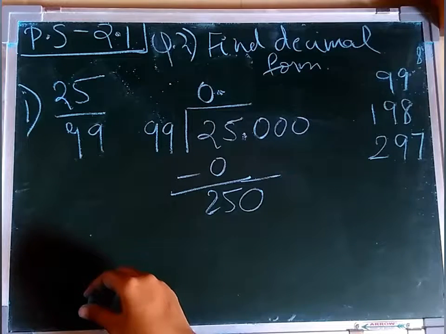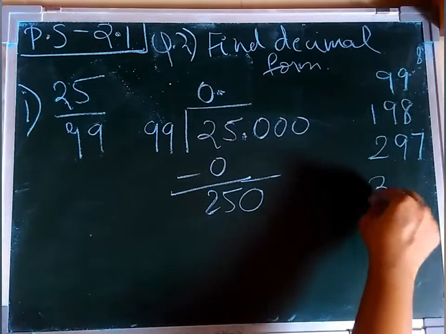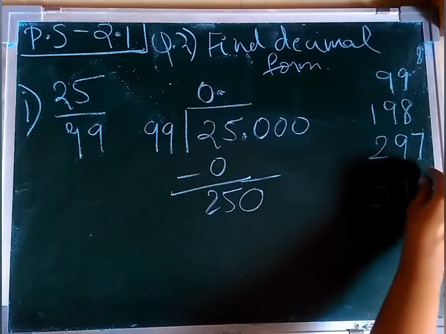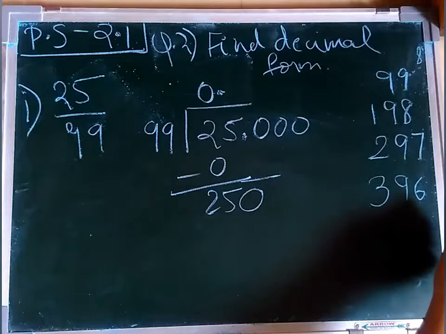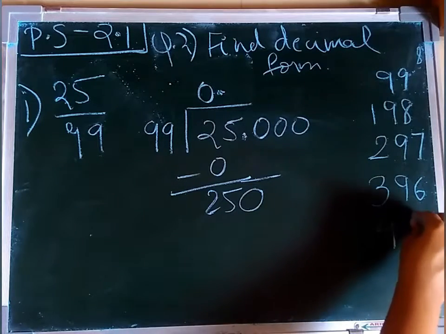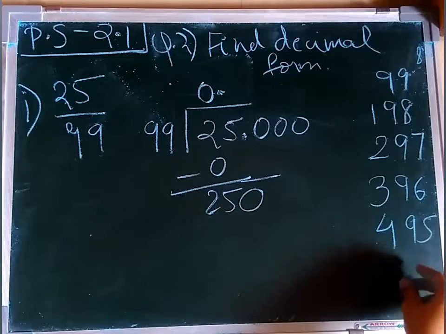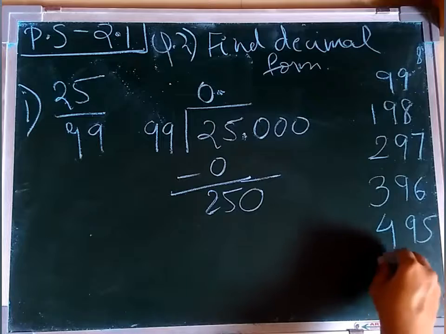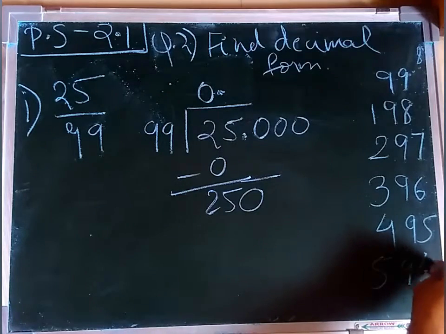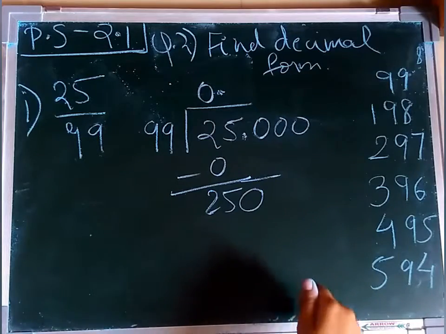And 99 into 4 will be 396, and 99 into 5 will be 495. 99 into 6 is 594. And let's see if we need more of this.